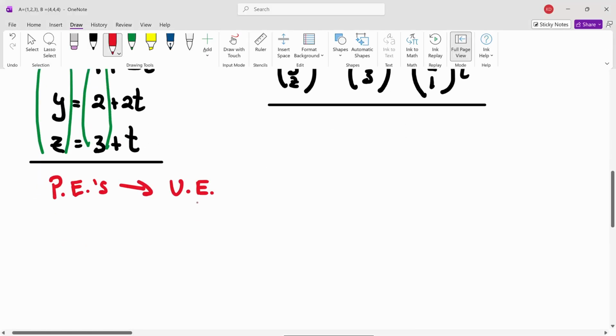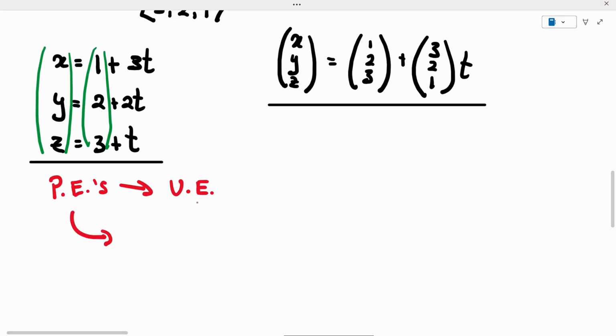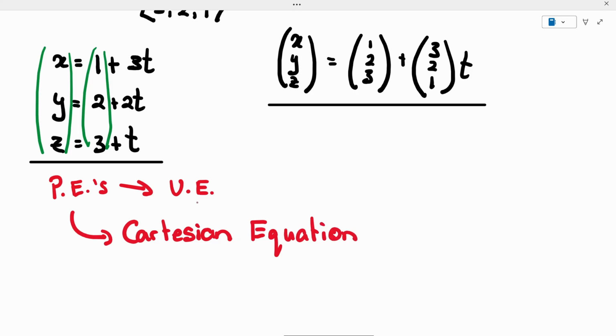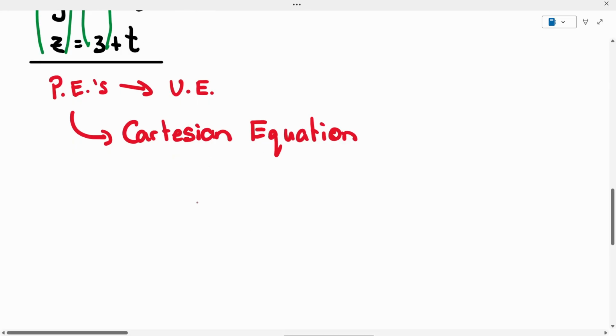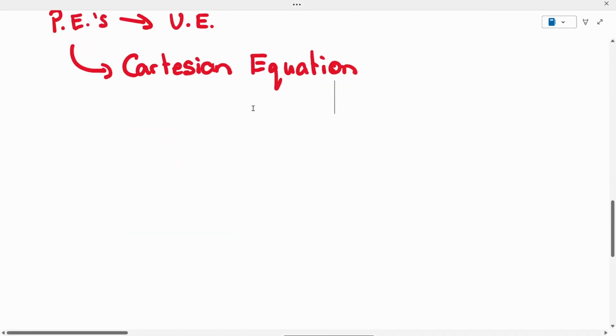So I want to go one step further from the parametric form. So instead of going to vector equation form, we'll go to something called Cartesian equation form. Right? And all we are doing when we write in Cartesian equation is we're just removing that scalar, that t. So we want to write each one of these equations in terms of t.